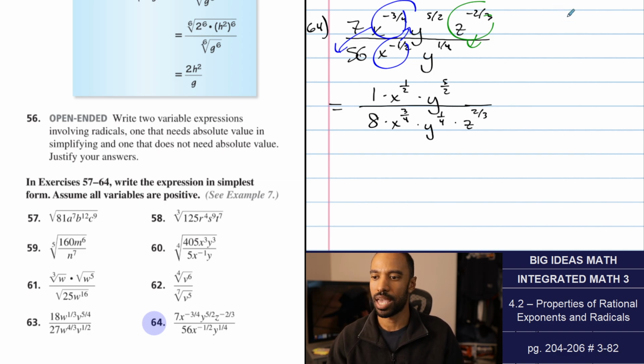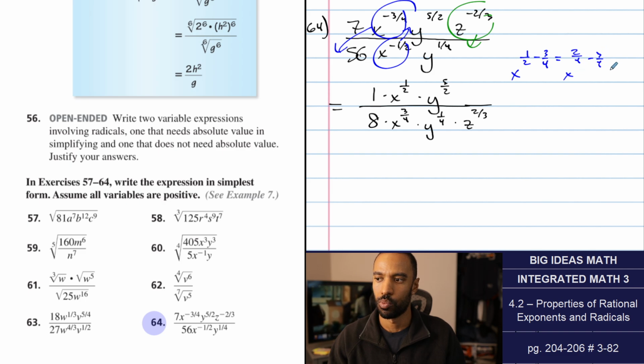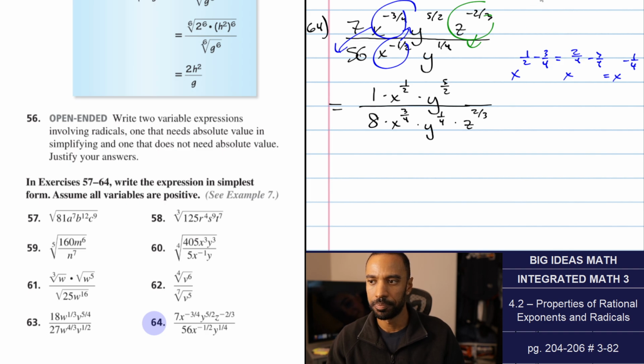So let's deal with those x's and y's with subtraction the same way that we did the previous sets. 1/2 minus 3/4 equals 2/4 minus 3/4, which is negative 1/4. That means it'll go in the denominator.